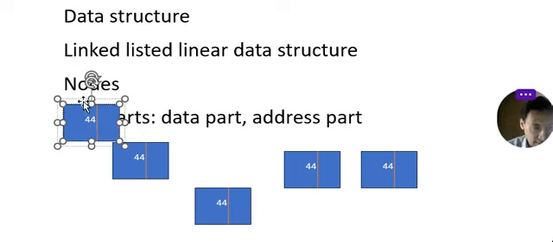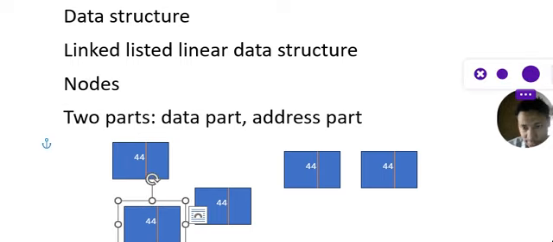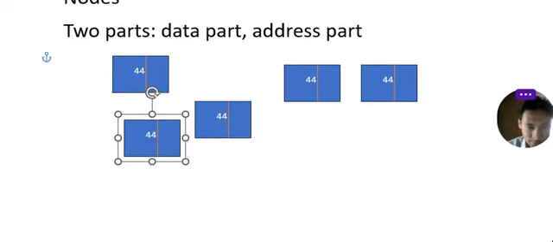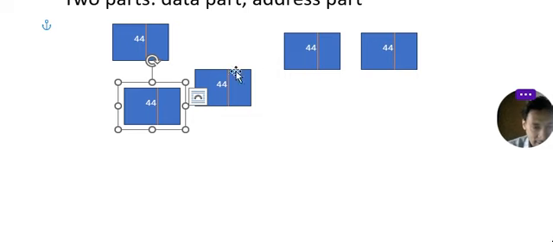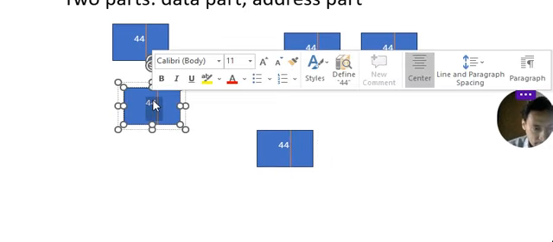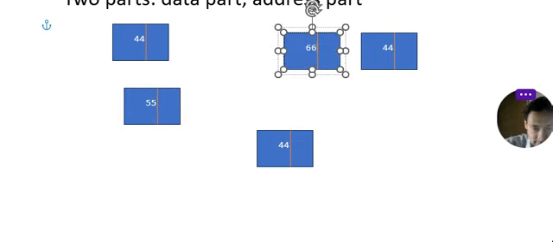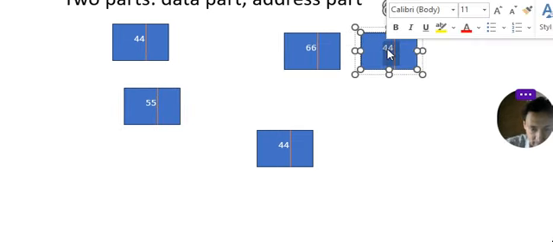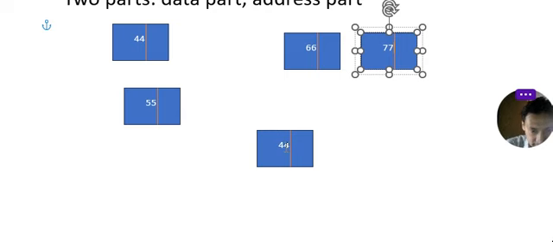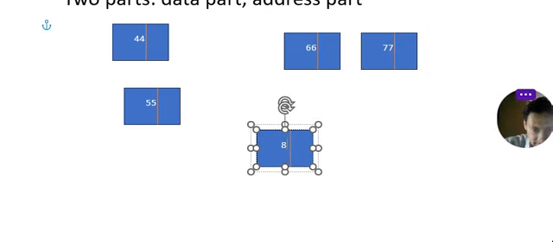And these nodes are not stored sequentially. They will be stored randomly in the memory locations, not sequentially. Let's suppose this is 55, this is 66, 77, 88.